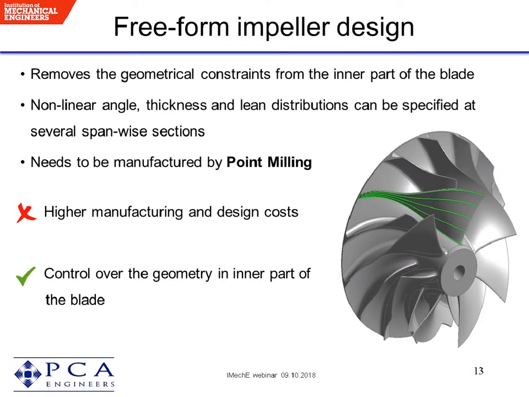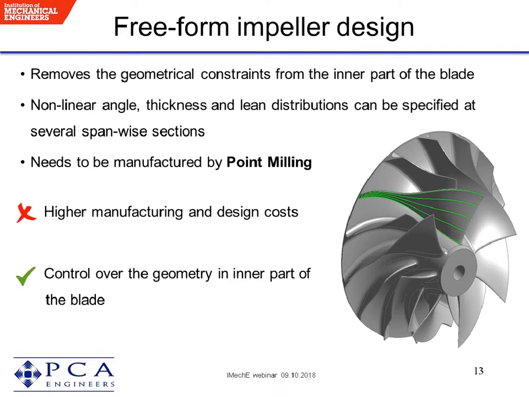In high-speed applications where high inlet Mach numbers exist along a large part of the span, we may move to freeform impeller design, which removes the geometrical constraints from the inner part of the blade. And therefore, nonlinear angle, thickness, and lean distributions can be specified at several span-wise locations.